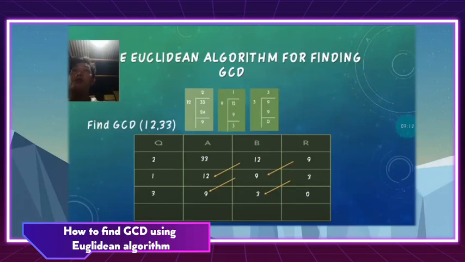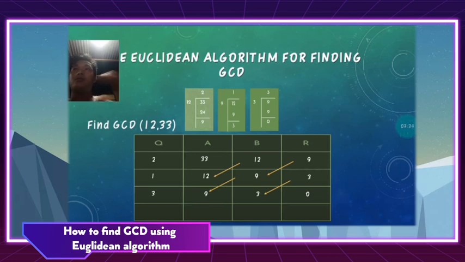Should we stop now? Not yet, because I told you, whenever B is 0, then A is the GCD. Does B have the value 0 here? No, so it is still not done.